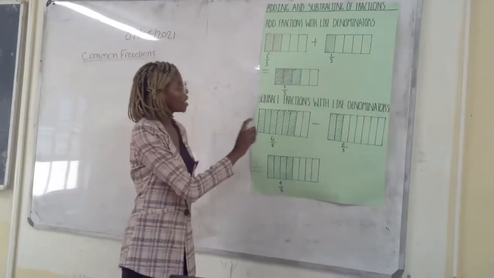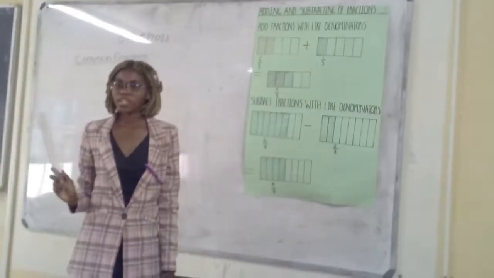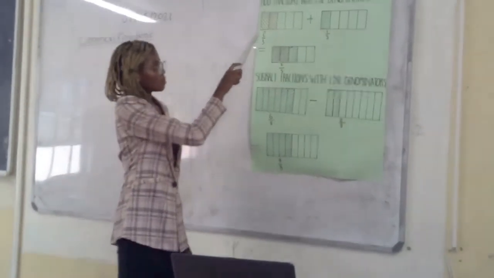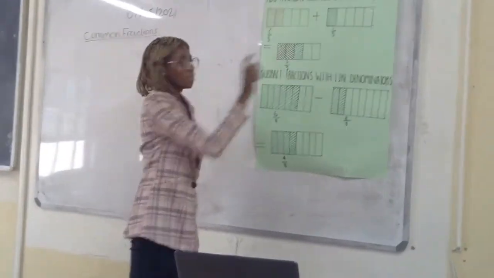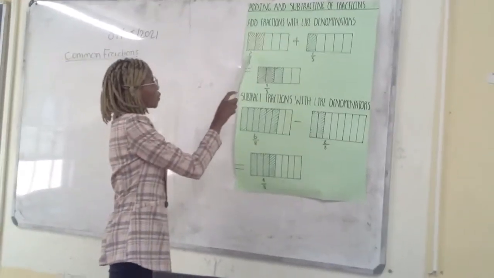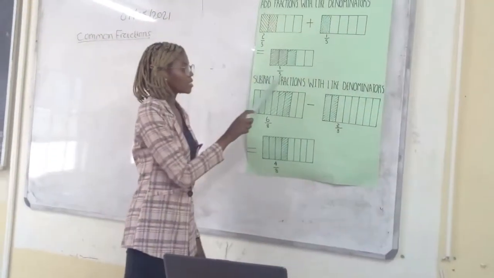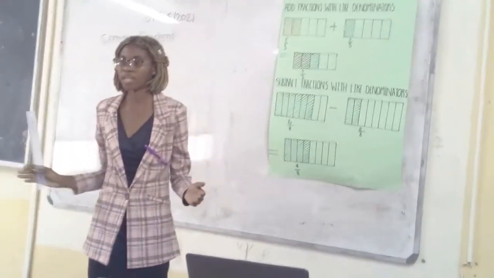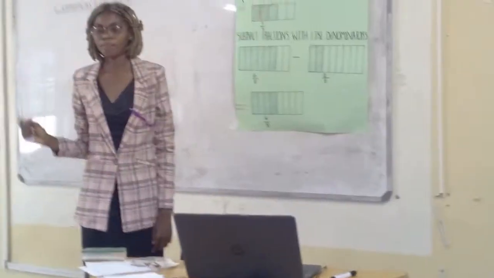In this instance, the denominators are the same, so we don't have a problem with adding our numerators. And numerators, we all know, are the numbers on top of the fraction line. So adding 2 with 1 will give us 3 out of the 5 parts that we have separated our rectangle. Am I clear? Yes, miss.